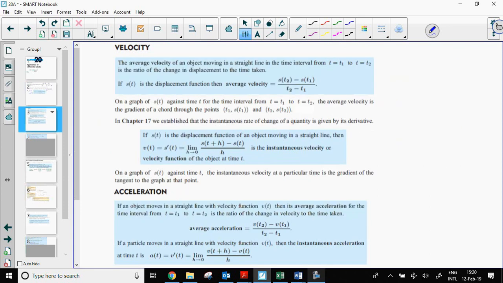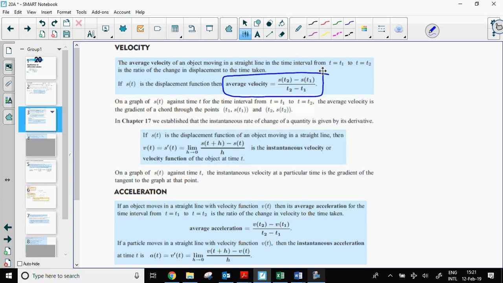Now, we know that velocity is a rate of change of position with respect to time. So, if we wanted to find the average velocity of an object moving in a straight line, we'd use our slope formula, because that's going to get us the average rate of change in between two particular points in time.